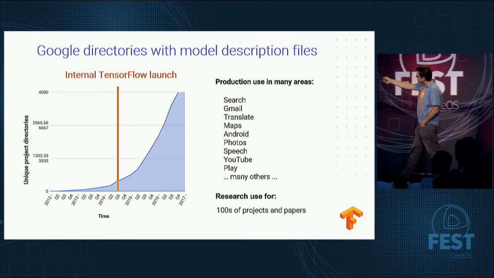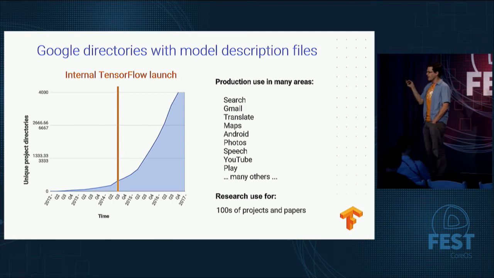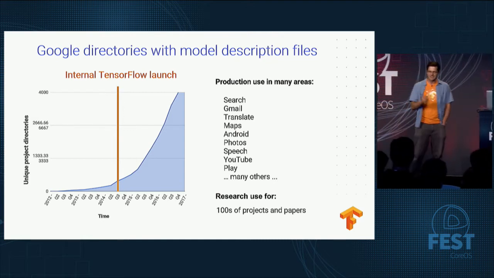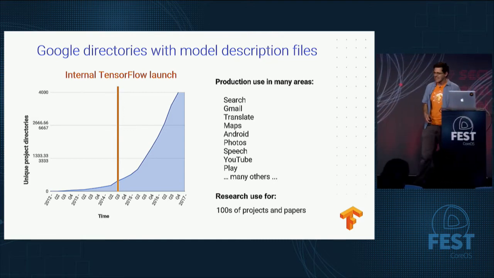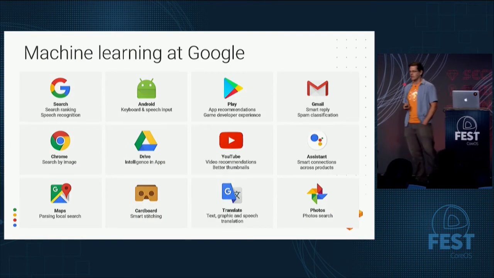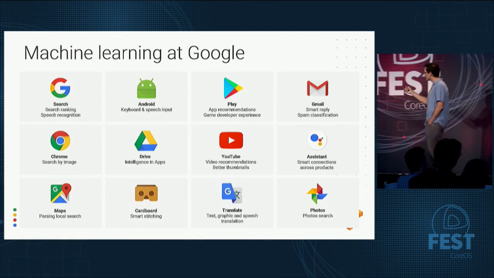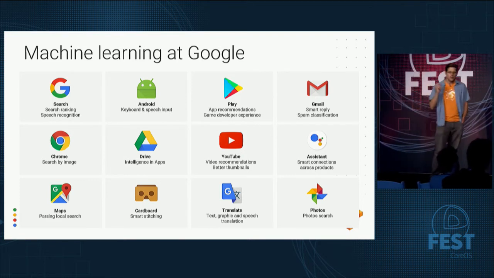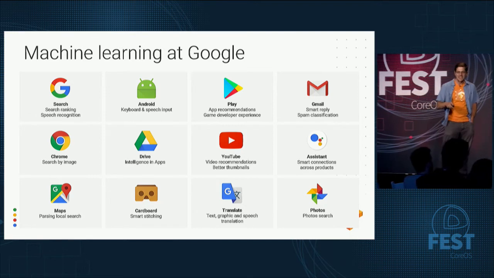I mean, we had model definitions before that Q3 launch of TensorFlow, but those were in a different system. It was called DistBelief. It wasn't as flexible, wasn't as easy to use, so it just wasn't getting the traction that we got after launching TensorFlow inside. And if you look at the results, basically every Google service, these things you use every day, they're filled with machine learning.